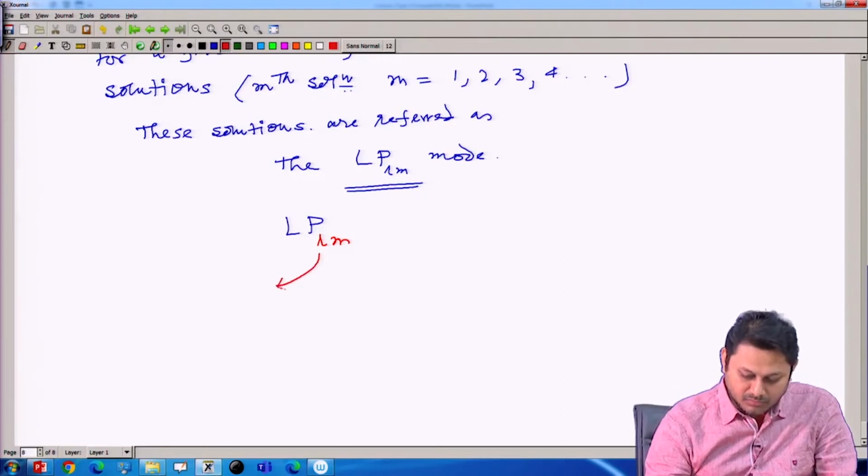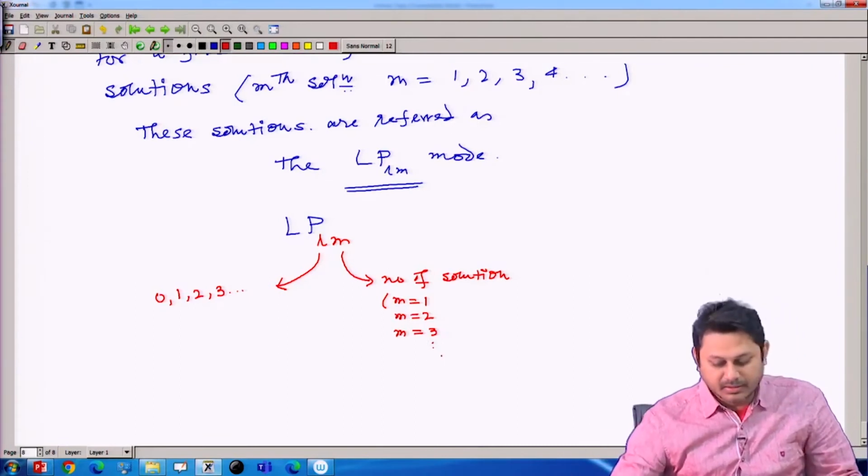L we know can be 0, 1, 2, 3 etc., and m is the number of solutions. If I am dealing with the first solution, then it should be m equal to 1. If I have a second solution, this should be 2. If I have another solution, it will be 3 and so on.